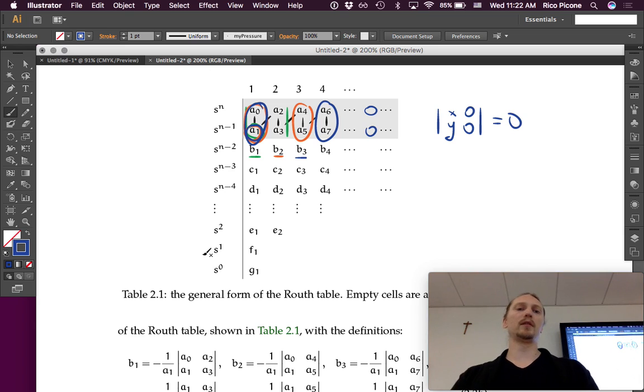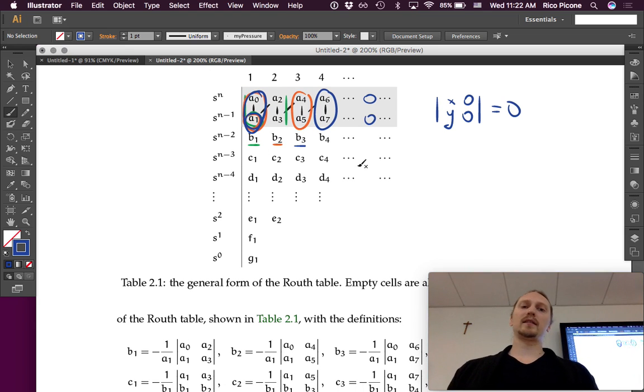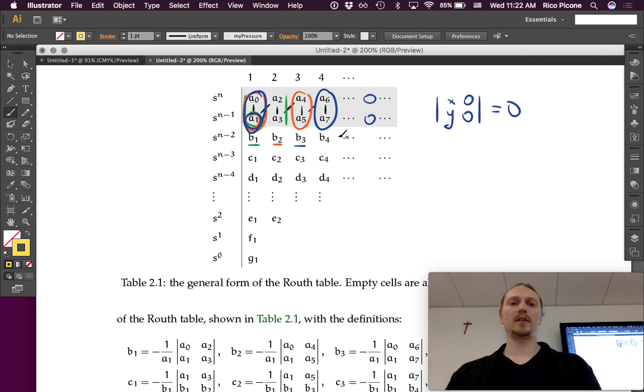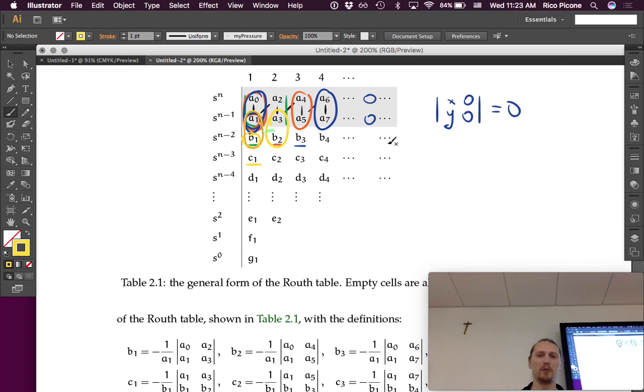So the C row is the same exact algorithm, but shifted down. So let's use yellow haphazardly. C1 is going to be found by the determinant of this column and this column, multiplied by -1 over this term. Okay? So we did the same thing.